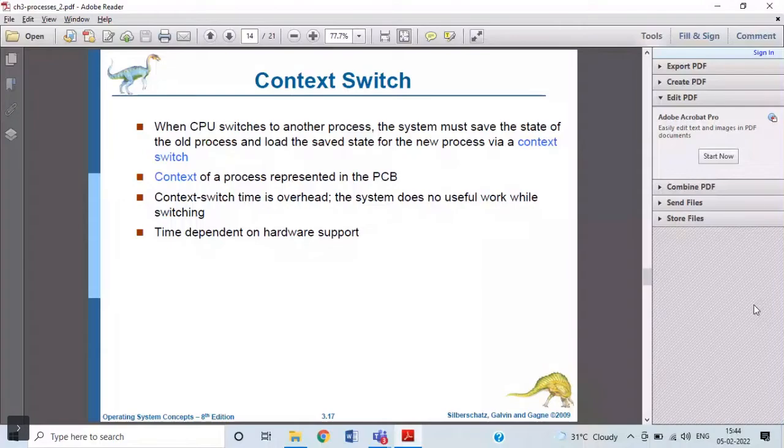Till now we have seen very small definitions in very large numbers: what an operating system is, why we need an operating system, the types of operating systems, what a process is, what a process control block is, what schedulers are, the short-term scheduler, long-term scheduler and medium-term scheduler, the IO-bound process and CPU-bound process, and the context switch.